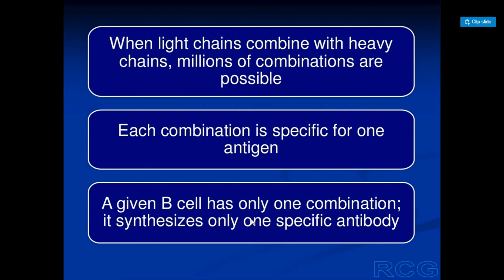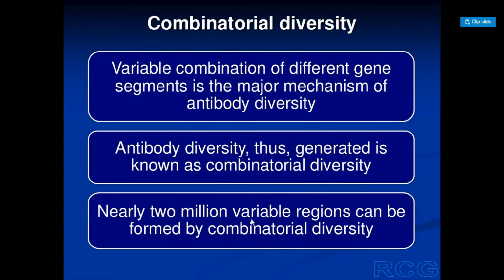When a light chain combines with a heavy chain, millions of combinations are possible, and each combination is specific for one antigen. So this is how diversity is maintained inside the antibodies. A given B cell has only one combination, and it synthesizes only one specific antibody.